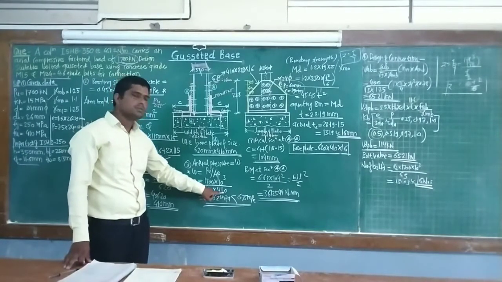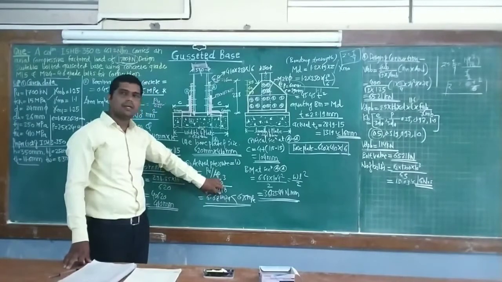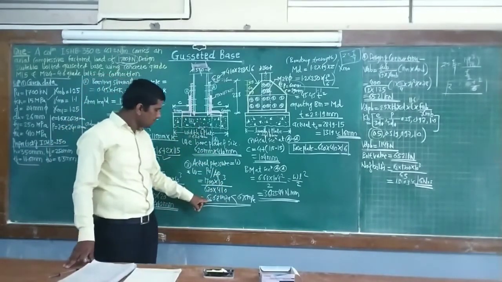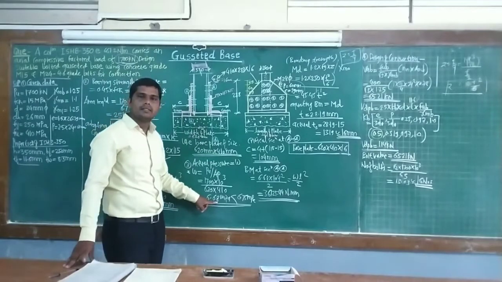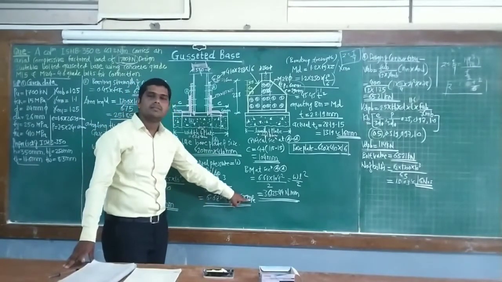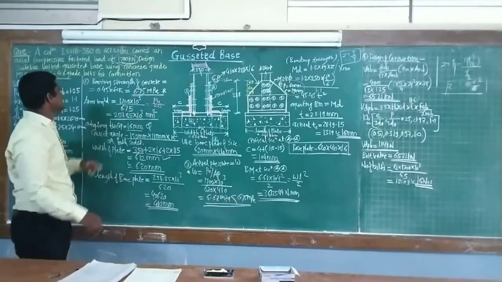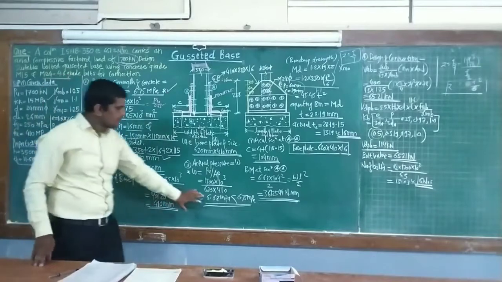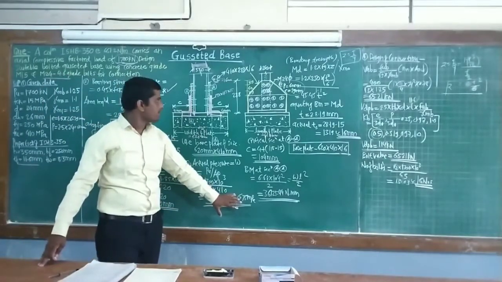This is the actual area we have provided for this gusseted base. So the answer will be 6.68 MPa, which is less than 6.75, the bearing pressure we have found out. Then it is safe, or we can call it OK.